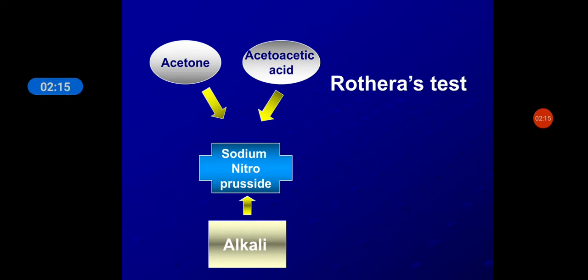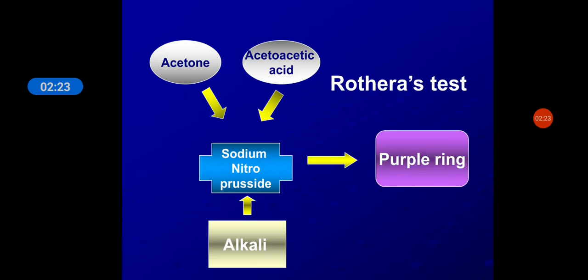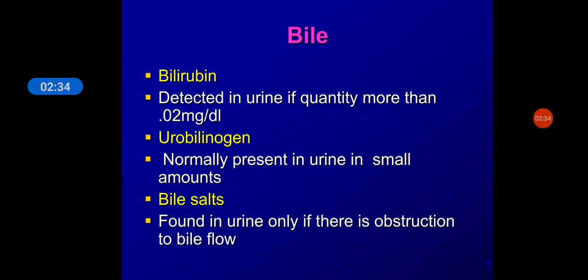Only in the presence of acetone or acetoacetic acid will you have that strong oxidizing agent. And when you add liquor ammonia along the sides, you will get a purple ring. So this is the principle of Rothera's test. You should know all these things because this is important for viva as well as for your theory part.